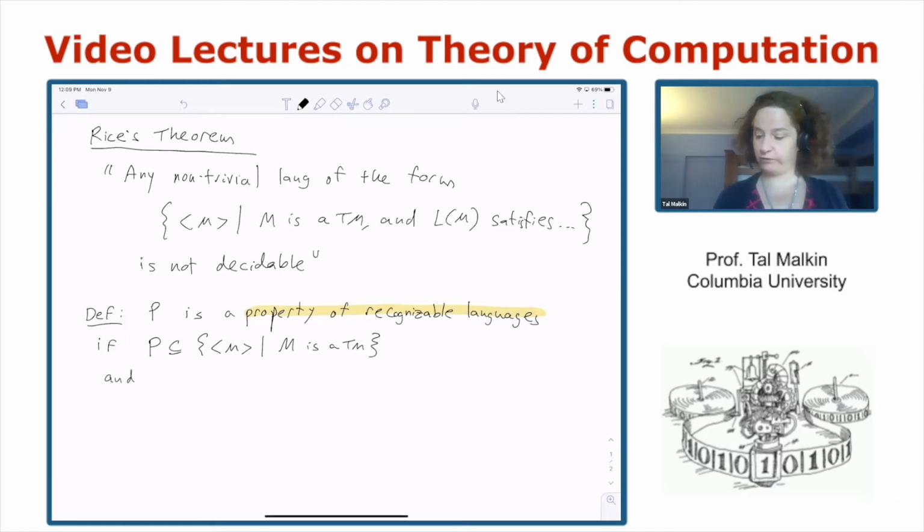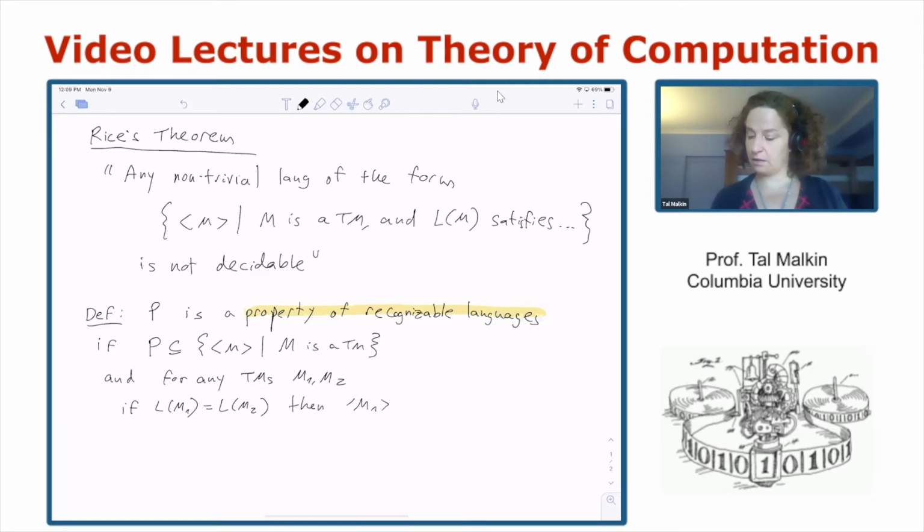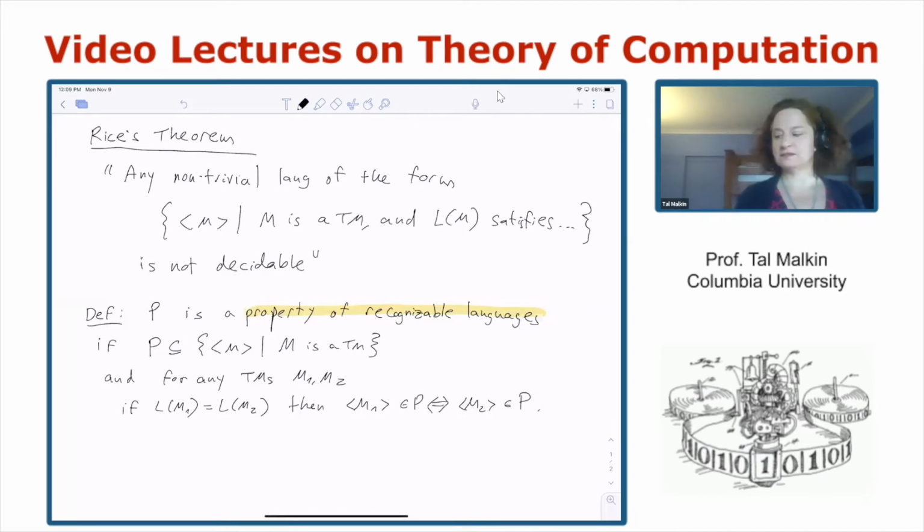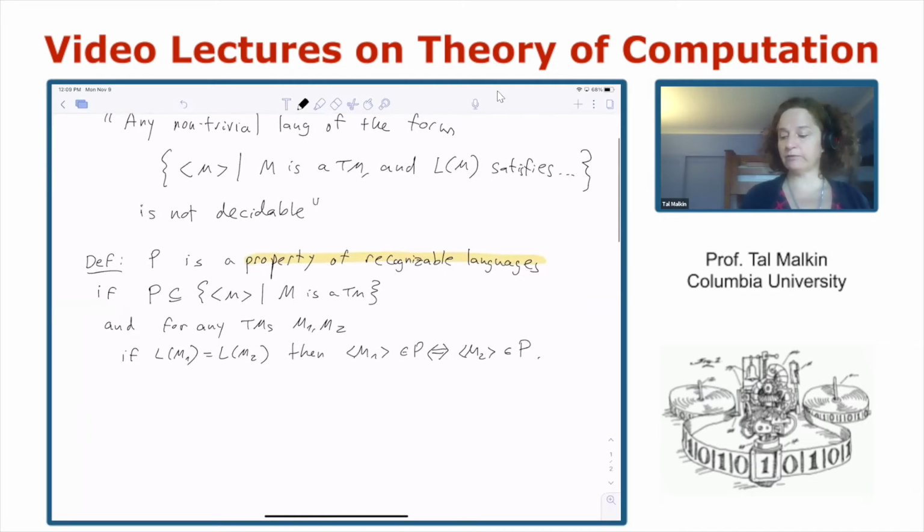And for any pair of Turing machines, M1 and M2, we have that if they are equivalent, if they recognize the same language, then M1 is in P if and only if M2 is in P. Okay, so it's a property of the language of a Turing machine.